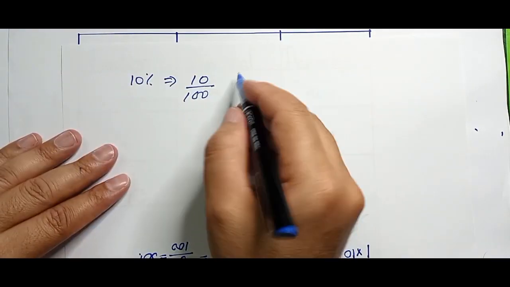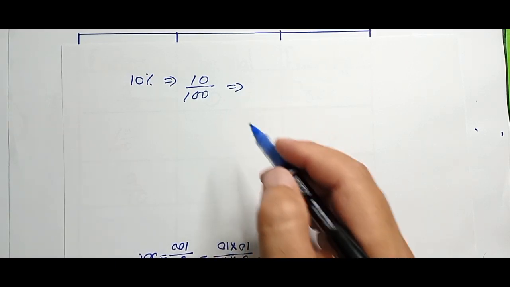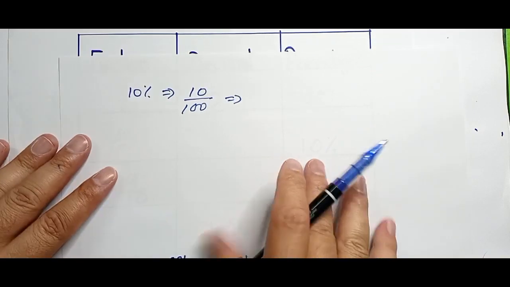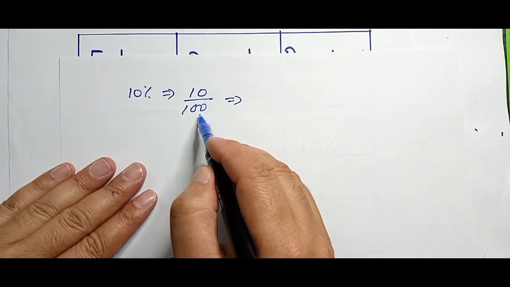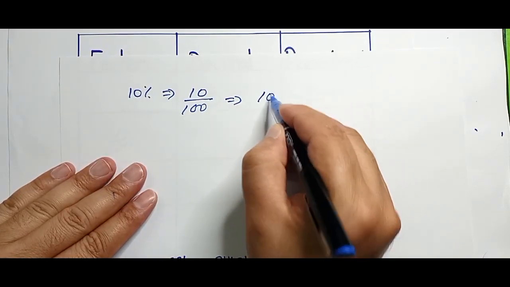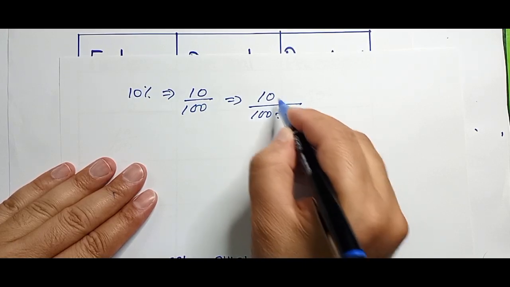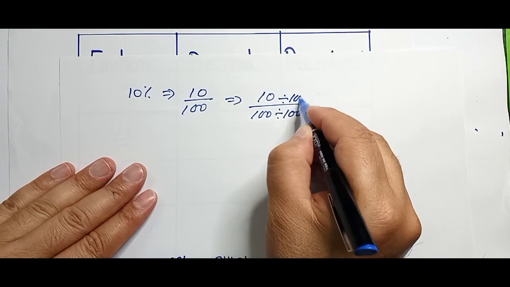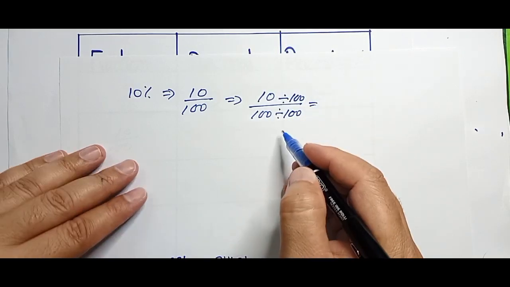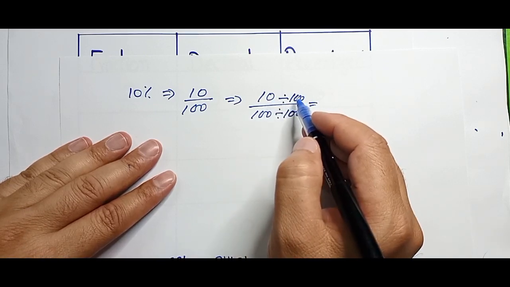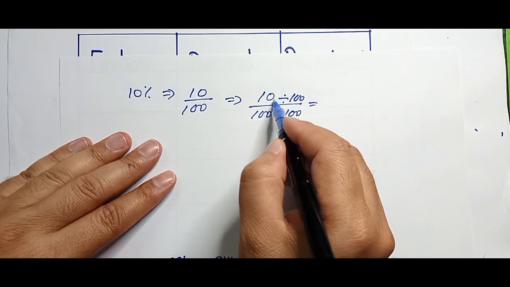Now for decimal I have to remove the 100 from the denominator. So what will I do? I will divide it by 100 and also this by 100. When you divide a number by 10 or by 100 or by 1000, the decimal point will go to the left side.